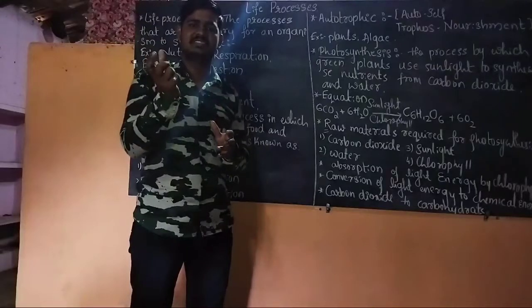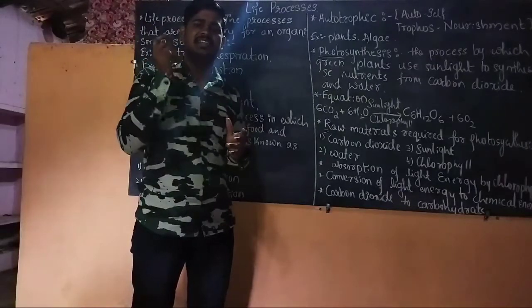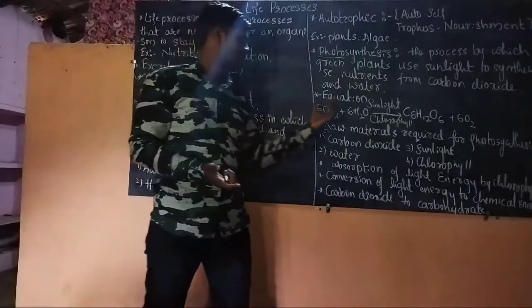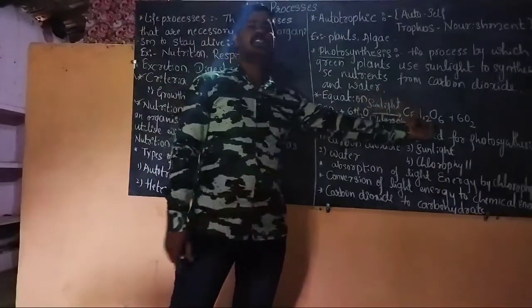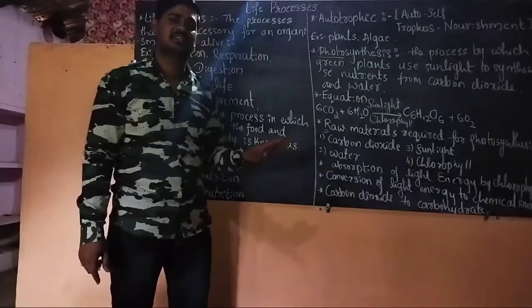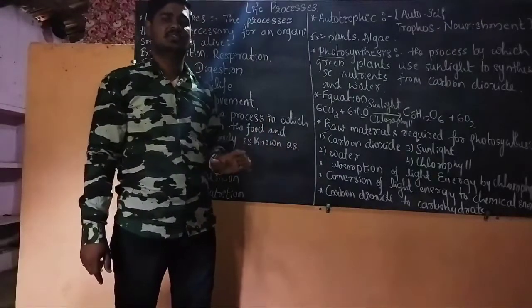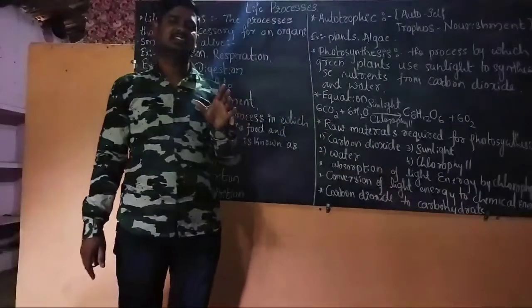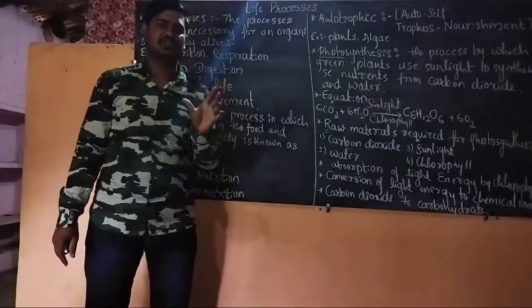Once the energy is trapped by chlorophyll, that light energy should be converted into chemical energy, so that carbon dioxide can be converted into glucose. The third step is that carbon dioxide is converted into glucose, that is, carbohydrate. That carbohydrate is nothing but glucose.